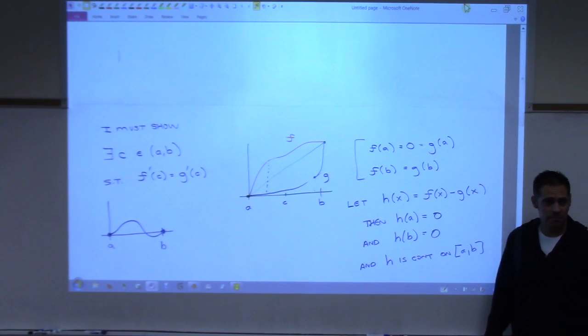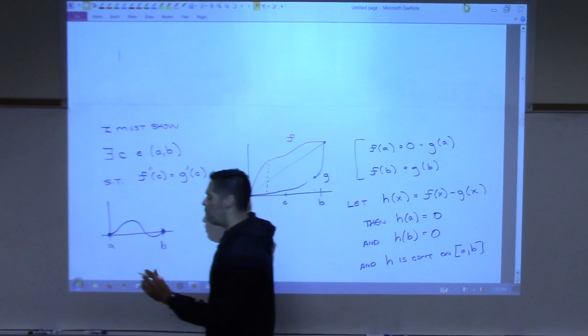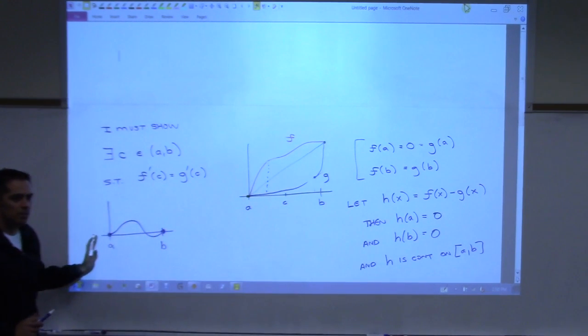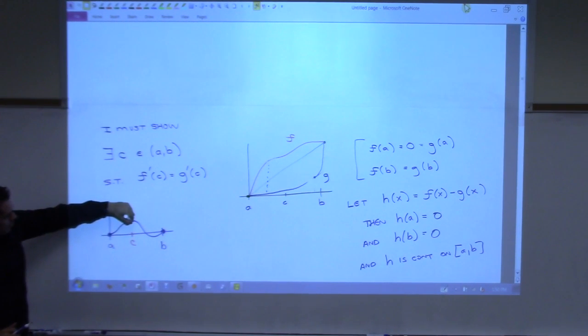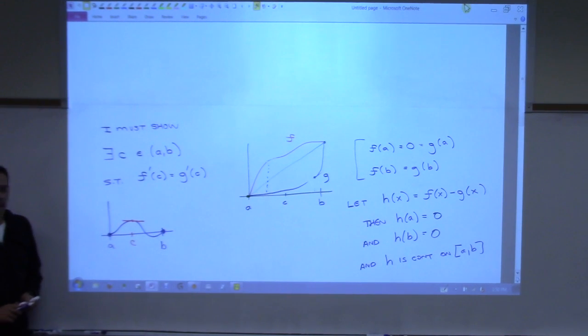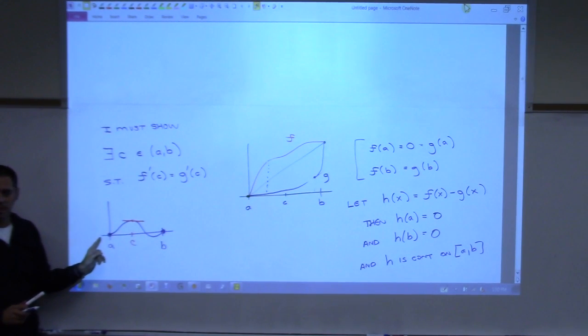Rolle's theorem tells us that there's got to be a point somewhere in here, let's call this c, where the derivative of this function must be what at this point? 0, right? Parallel to the line connecting these two. Understand?